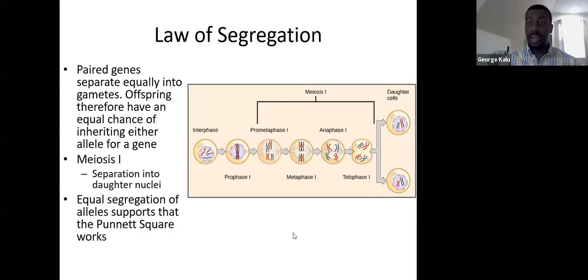Our Punnett squares, like I said on the previous slide, tell us that we have an equal chance of inheriting one allele versus the other. And the reason for that is because in meiosis, all chromosomes and our genes have an equal chance of separating into one of the gametes here. So this tells us that our Punnett square actually does indeed work.